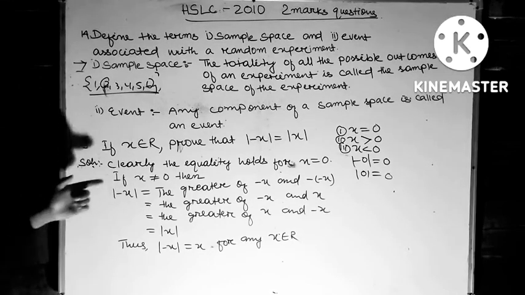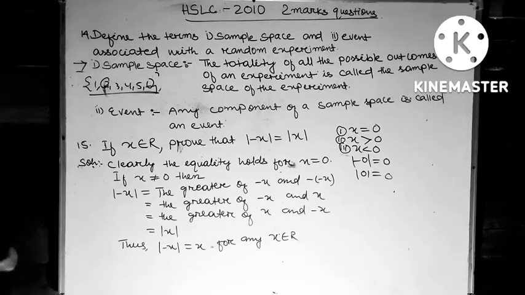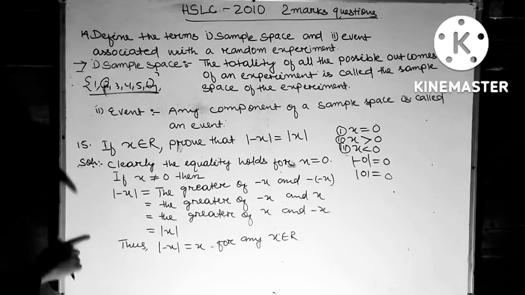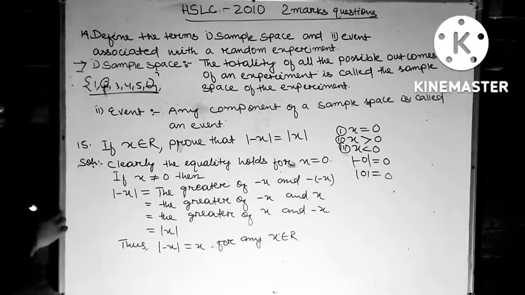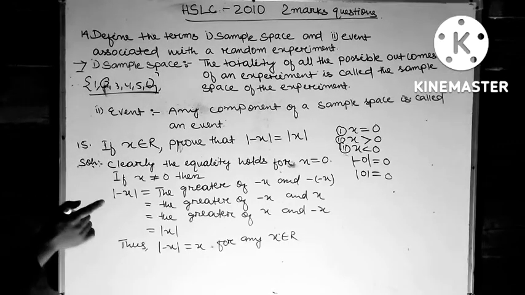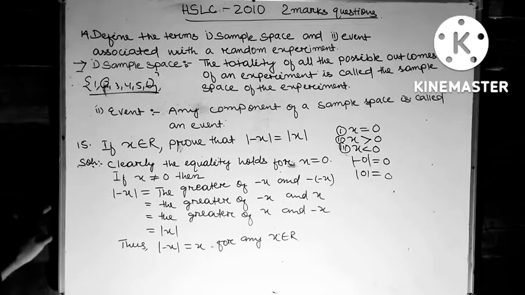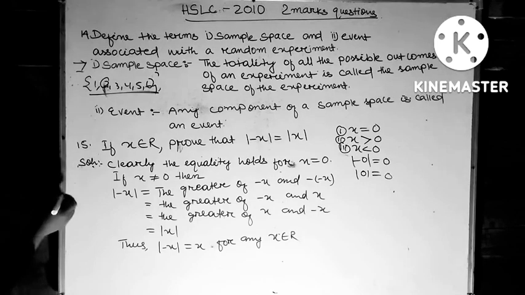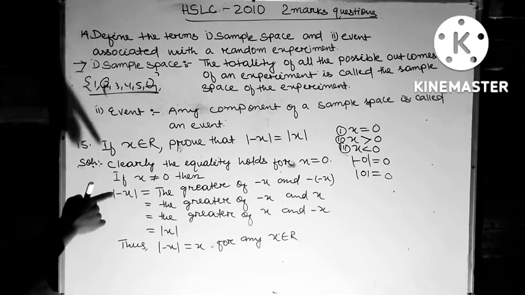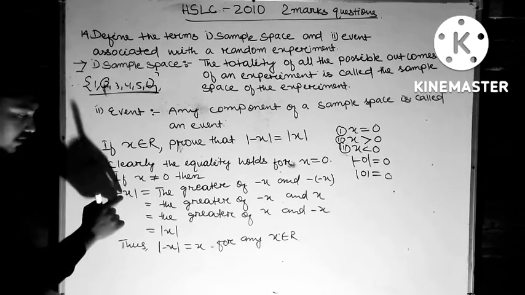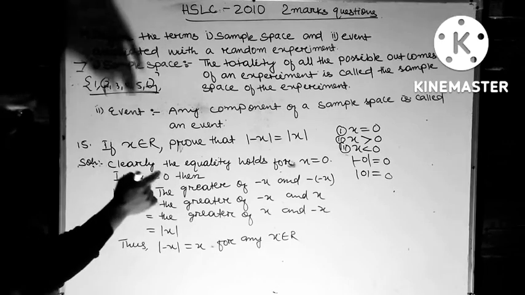Then what happens if x is not equal to 0? Then we are going to get two numbers. Before, I have already told you, the work of modulus is to make the number positive.